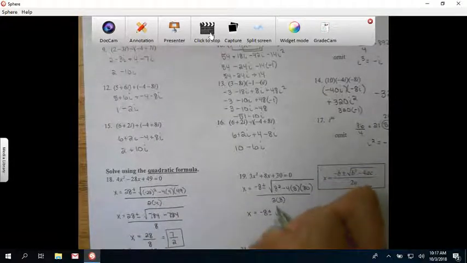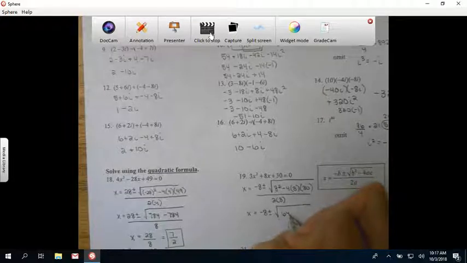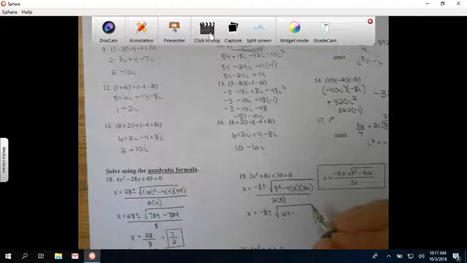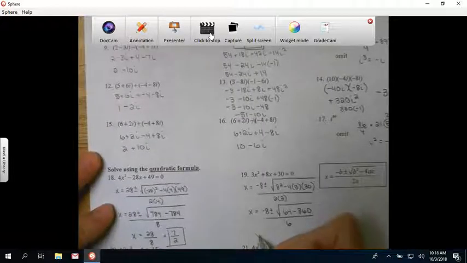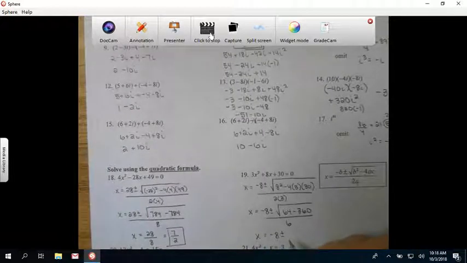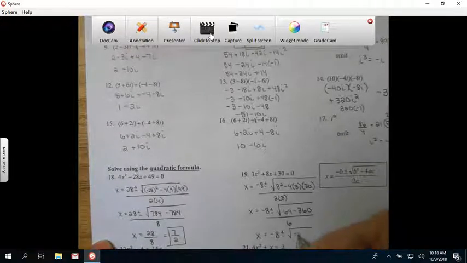So I get 64 minus 4 times 3 times 30, which gives me 360 over 6. So 64 minus 360 is going to leave me with a negative 296, and all of that is still over 6.